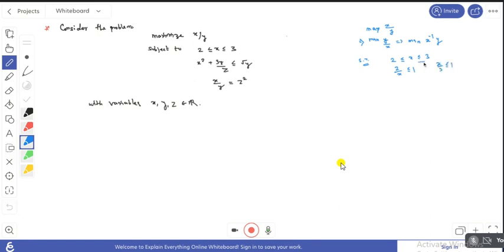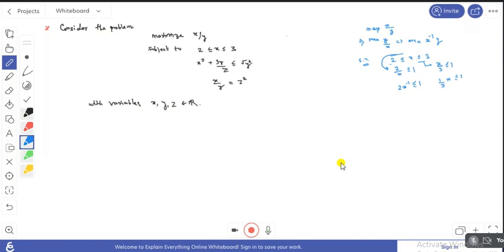So this inequality you can write as 2x to the power minus 1 is less or equal to 1, and the other as 1 by 3 of x is less or equal to 1. So we can write it in this form of a monomial sum.